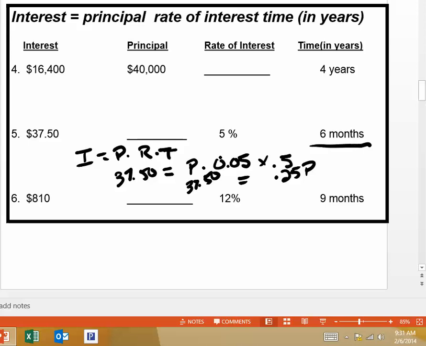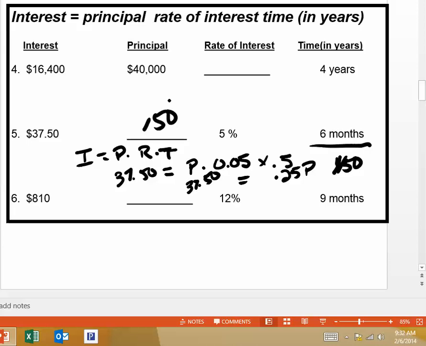Divide $37.50 by 0.025, and that comes out to 1,500.